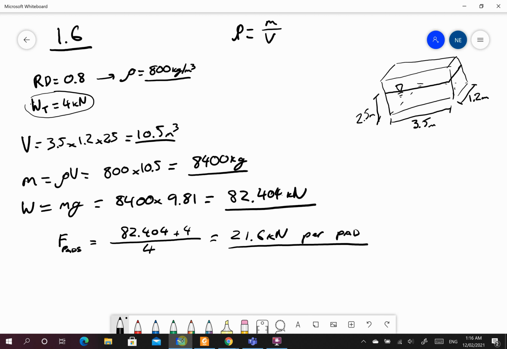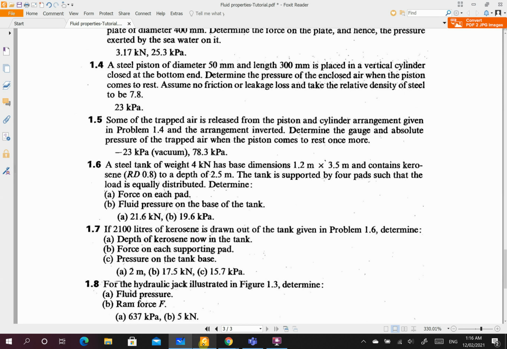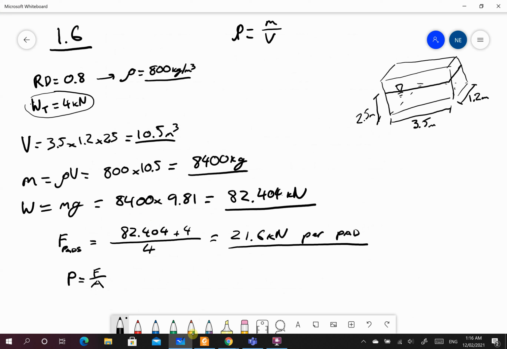Now if I want the pressure, force by area. Now the pressure that they're asking, so we've calculated the force on each pad, the fluid pressure on the base of the tank. Alright, so what we need to do is the pressure due to the fluid is this. So this could be WF.